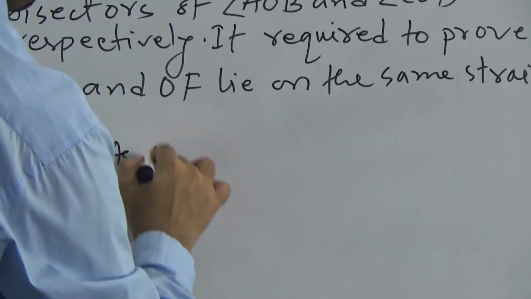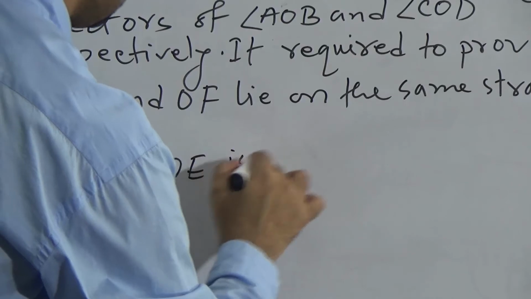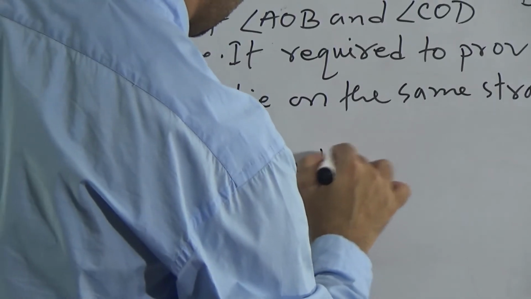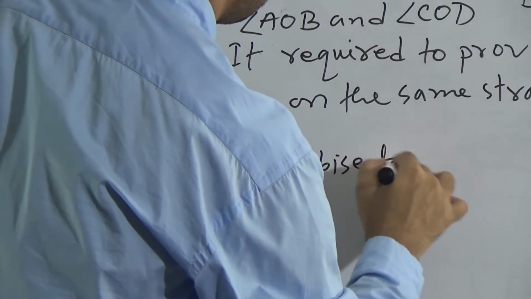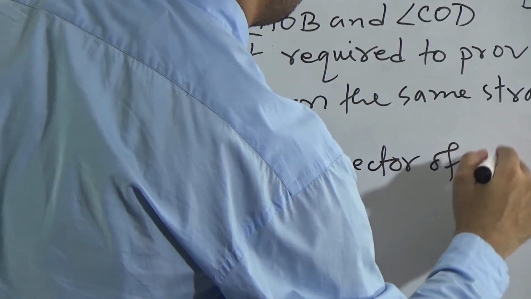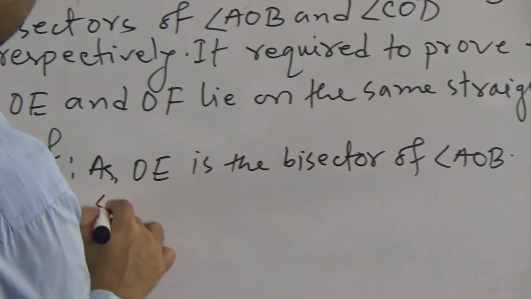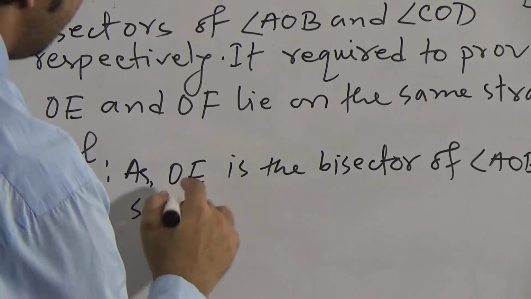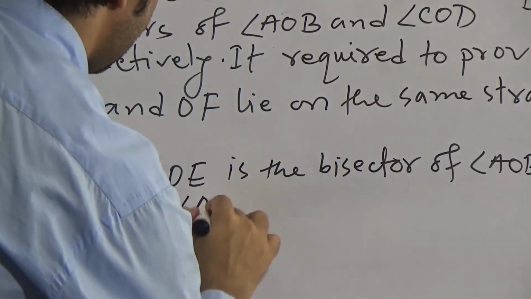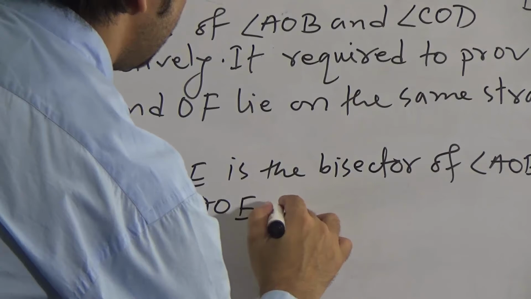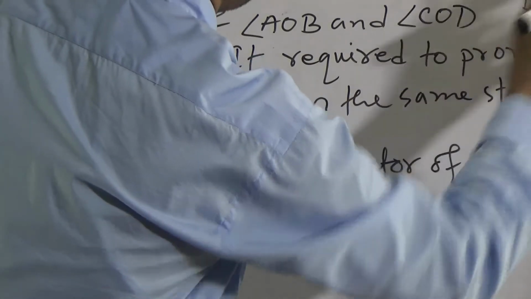At first we will write, as OE is the bisector of angle AOB, so we can write angle AOE is equal to angle BOE.